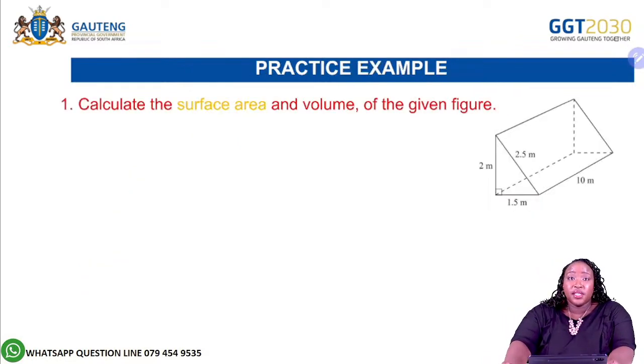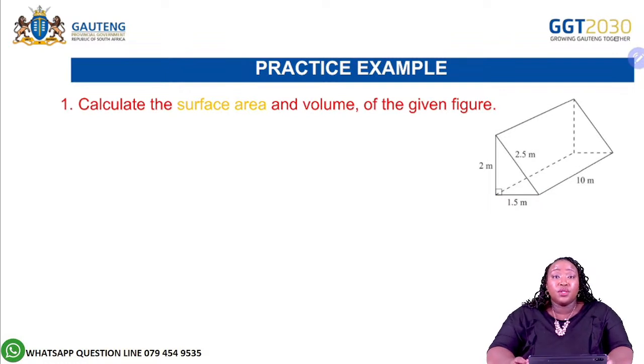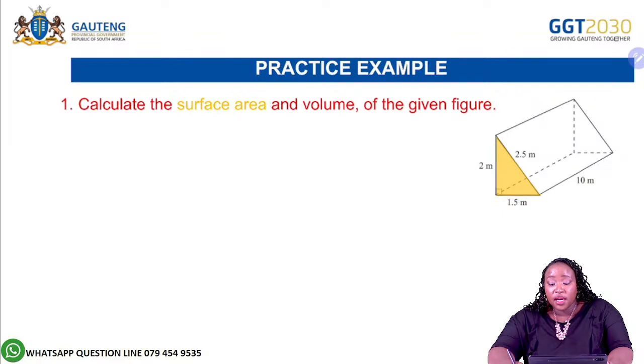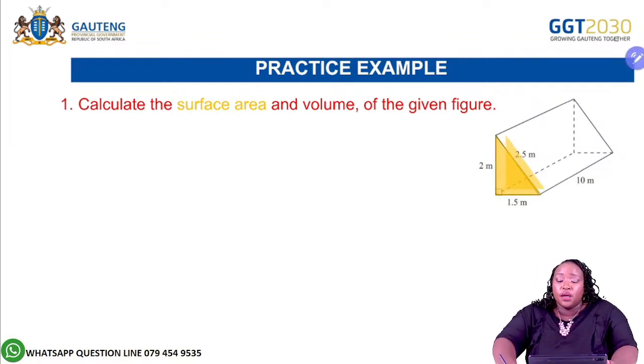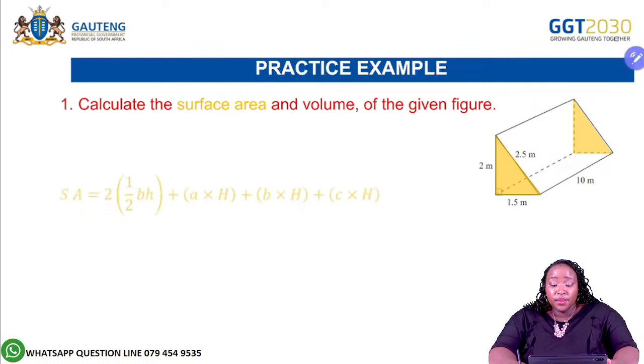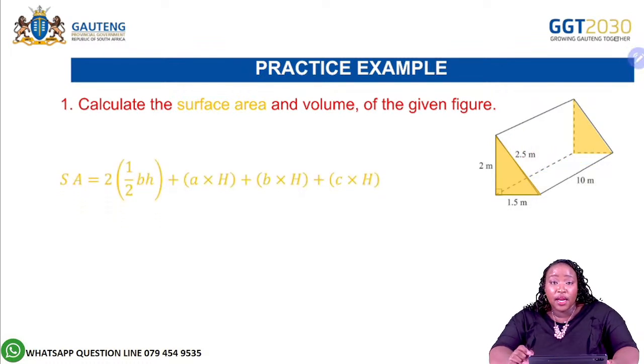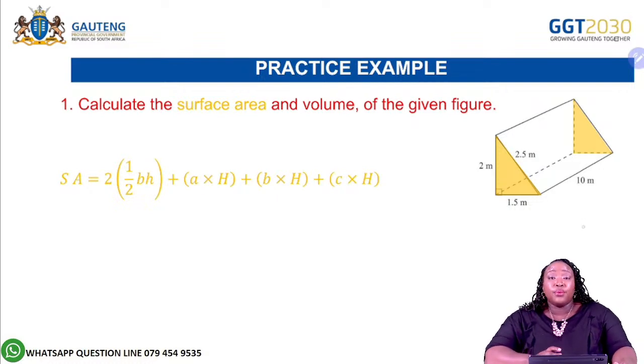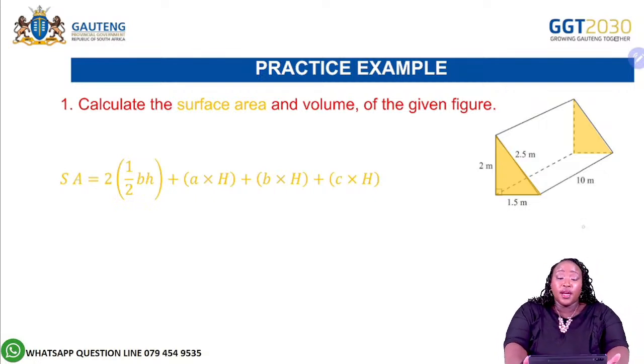So we start off with this example, which I am going to ask you to do some work on as well while we do it. It says calculate the surface area and volume of the given figure. To calculate surface area, we need to add all the faces. It is a triangular prism, as you can see. So we have two triangles there that have the same measurements, hence I have highlighted them. We are going to use this formula without having simplified it, because I want you to see that you can use the formula in both forms.